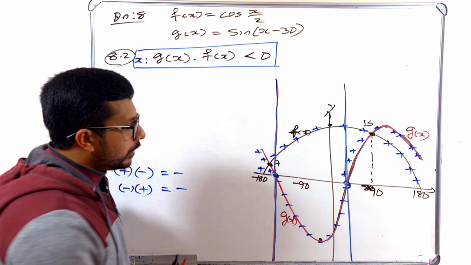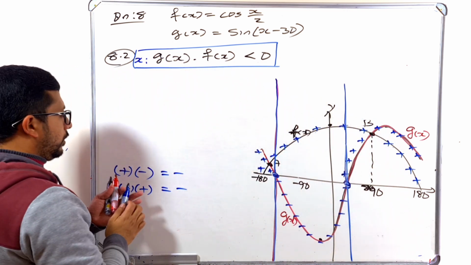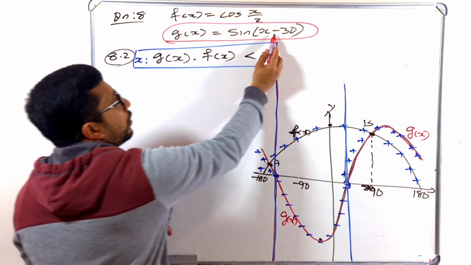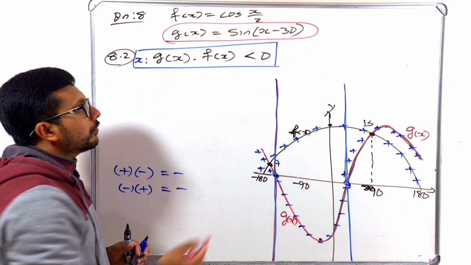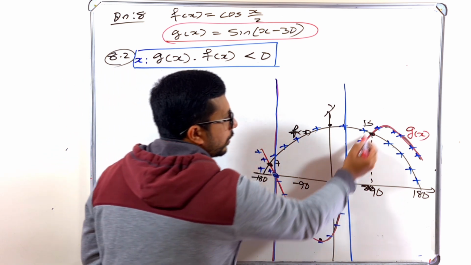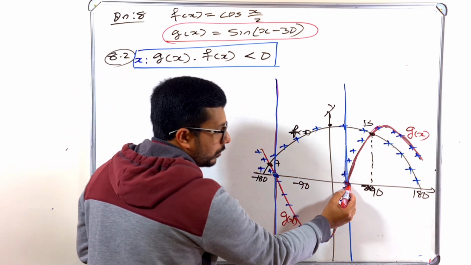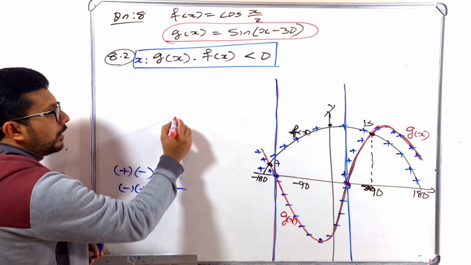Look at this g of x graph. What is the g of x equation? You know that g of x is sine of x minus 30. This red one is g of x, and it is passing through this point. Can you see that?